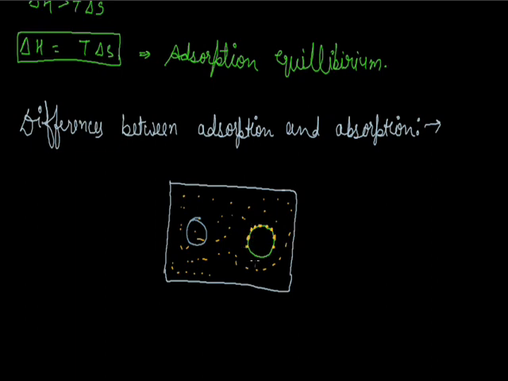Because this phenomenon occurs only on the surface, we can say that it's a surface phenomenon, and that surface phenomenon is known as adsorption. But if we talk about the anhydrous calcium chloride, it absorbs the water vapor in the bulk.